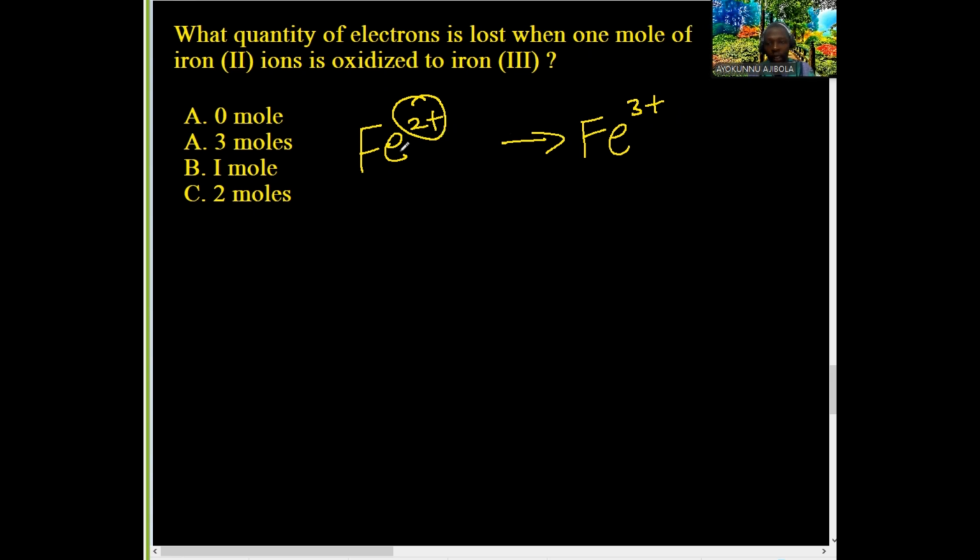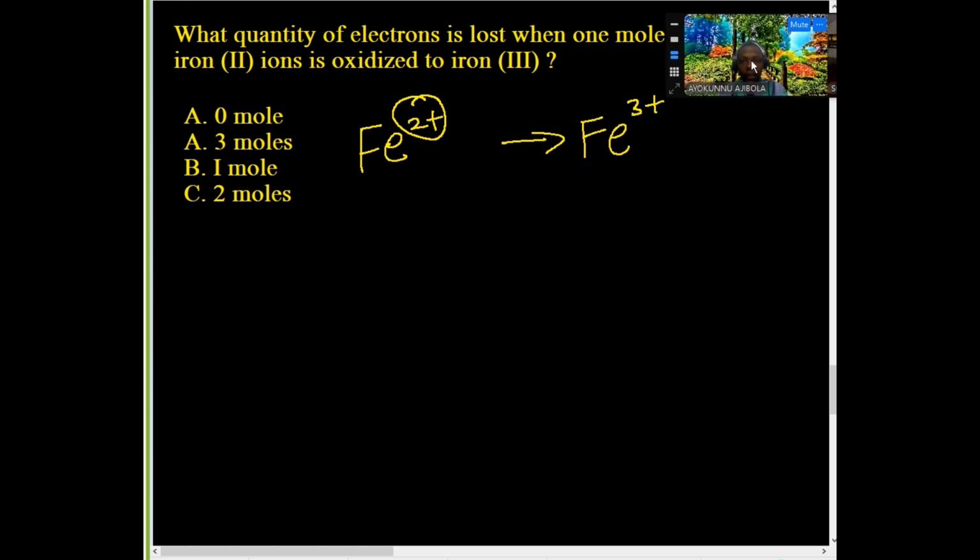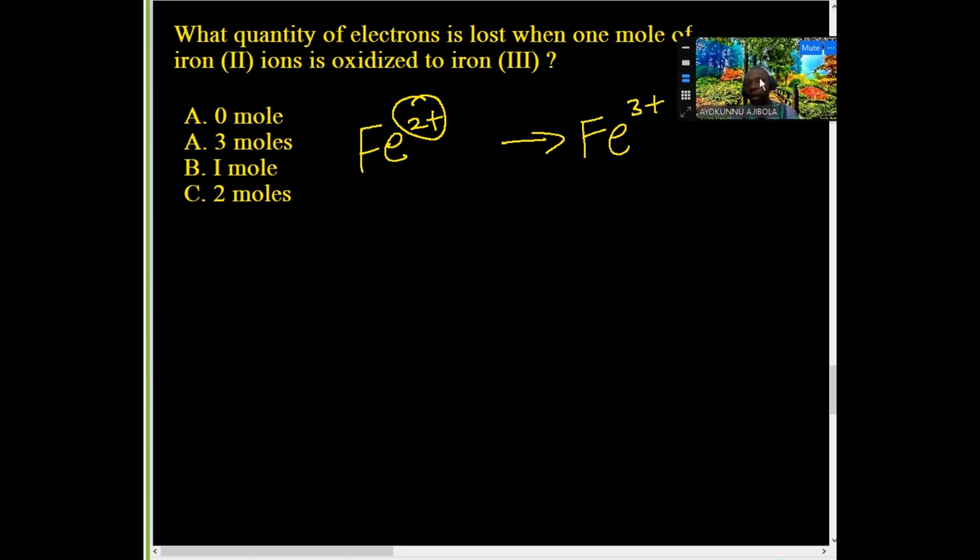So when an element loses electrons, it becomes more positive. But when it gains an electron, it becomes more negative, because the number of electrons decreasing means the number of protons increasing, okay? Let's take note of that.